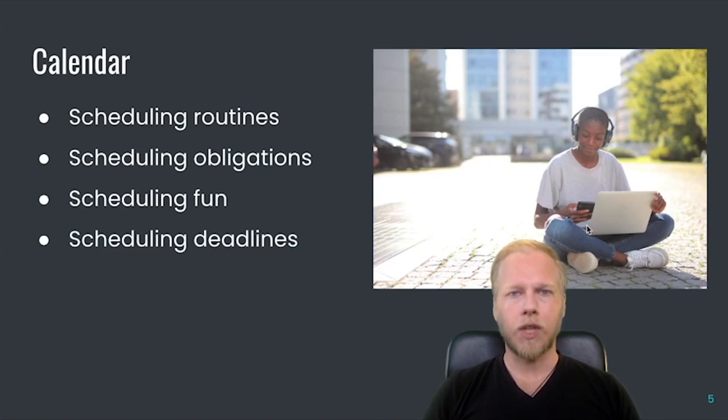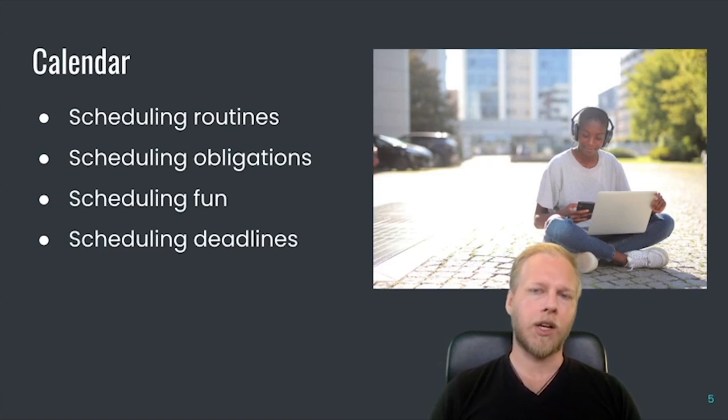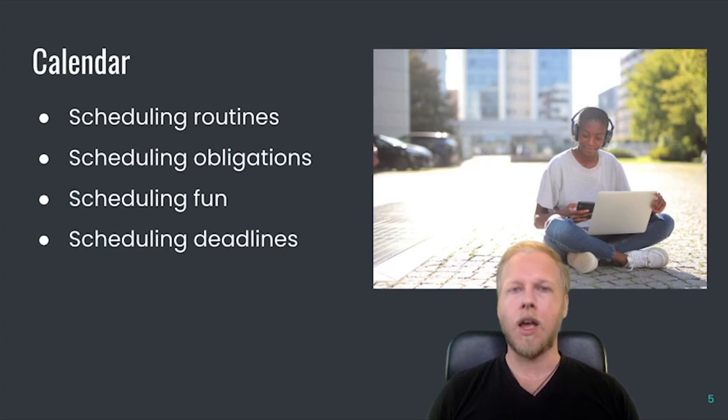Okay, when you're scheduling deadlines, you're going to want to choose the projects that are coming up in the next quarter and set those on the calendar, set the deadlines for completing those projects. Then write down all the tasks that will be required to call that project done on that deadline date.